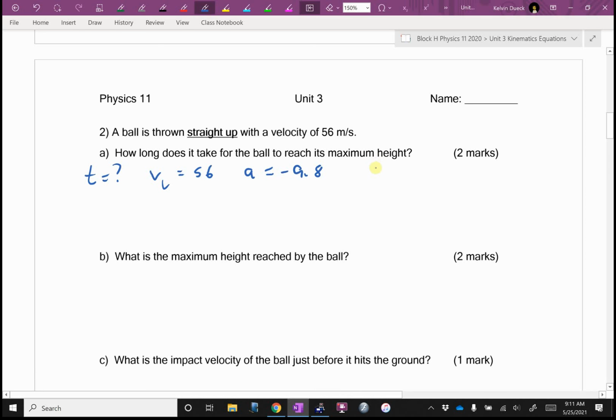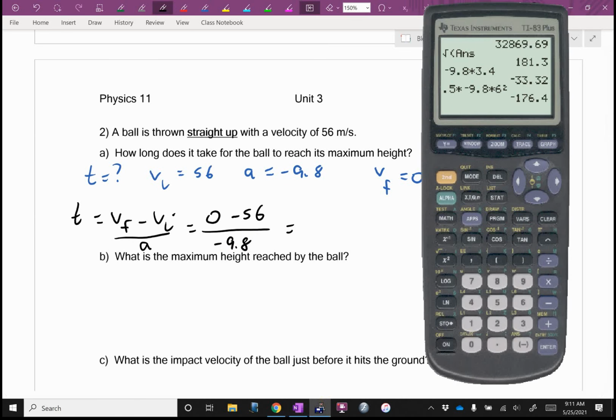At the top, VF is 0. So which equation? T equals VF minus VI over A. It's going to be 0 minus 56 divided by negative 9.8. 0 minus 56.